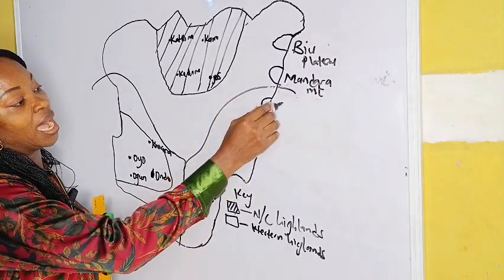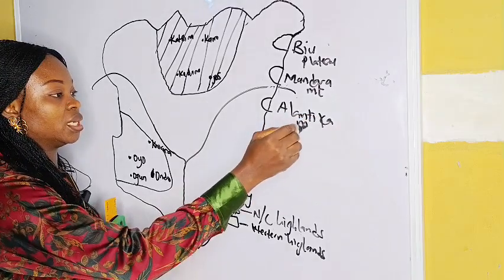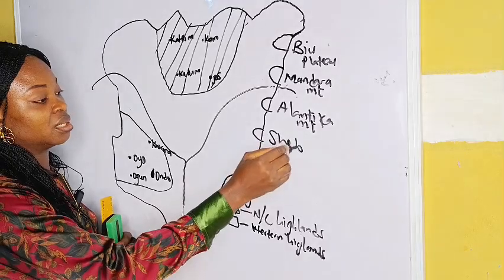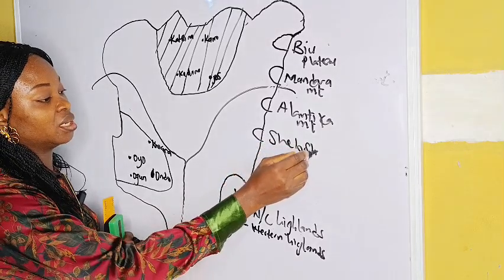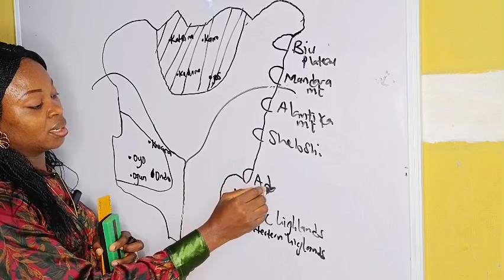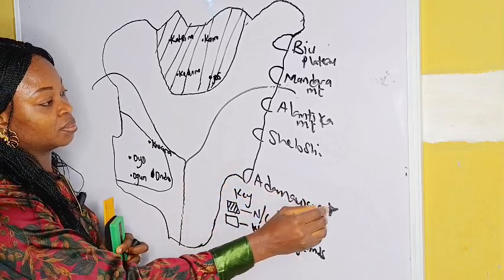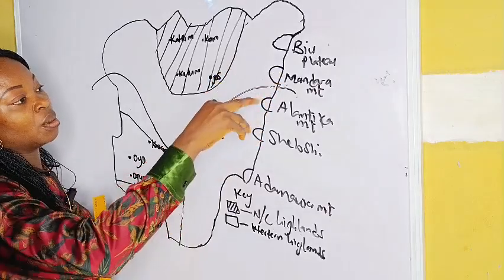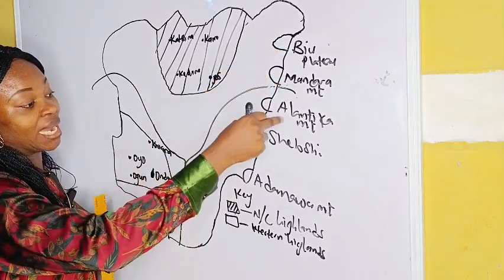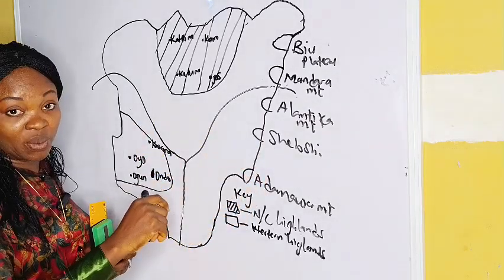Followed by Atlantika Mountain. Followed by Shebshi Mountain and Adamawa Mountain. Now, Mandara Mountain is found between Adamawa and Borno, but Atlantika, Shebshi, and Adamawa are all found in Adamawa State.